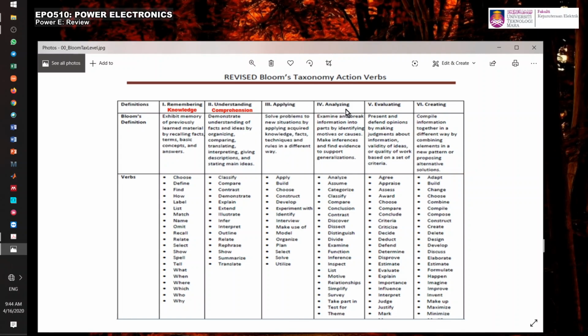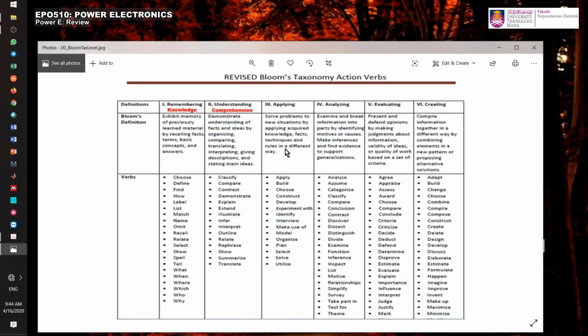And then analyzing, whereby after these three levels, you can examine and break information into parts, understand motives and causes, make inferences, and find evidence to support generalizations. So you can analyze. After that, you have the evaluating level, whereby you can present and defend opinions and make judgments. Finally, you have the creating level. So this is Bloom's taxonomy. Always check yourself: do you understand the contents of the lecture?